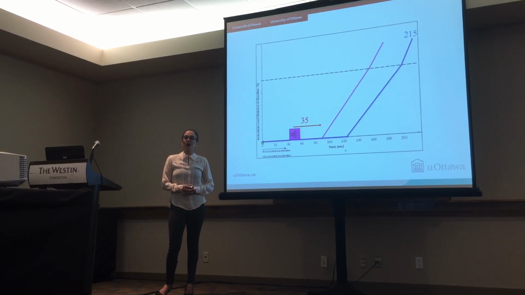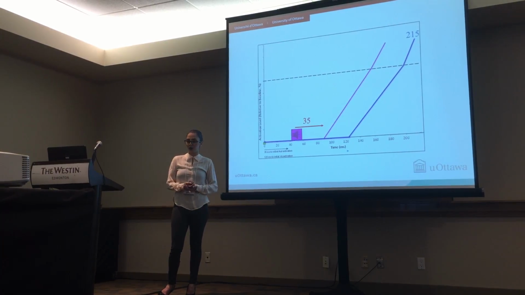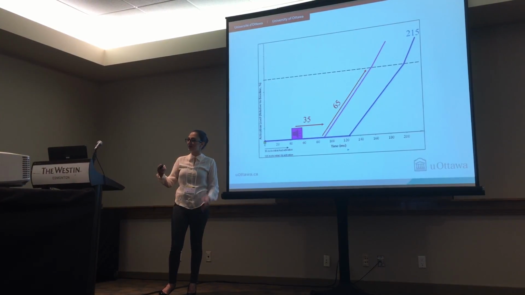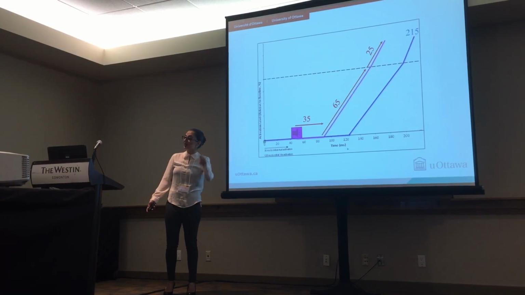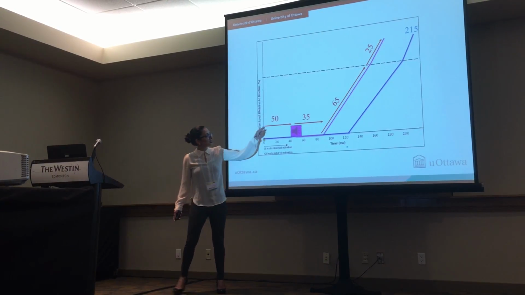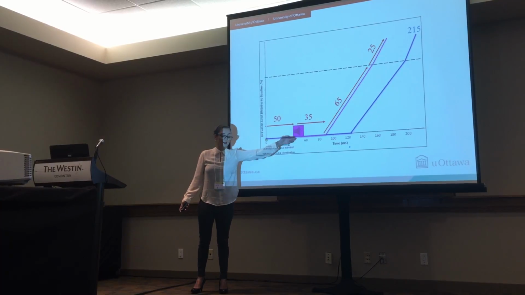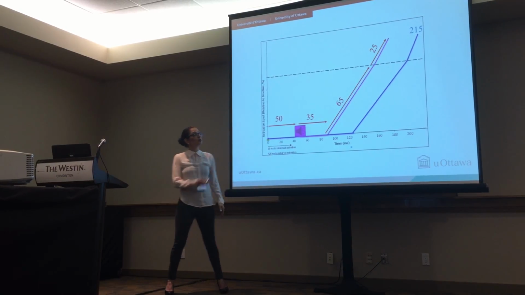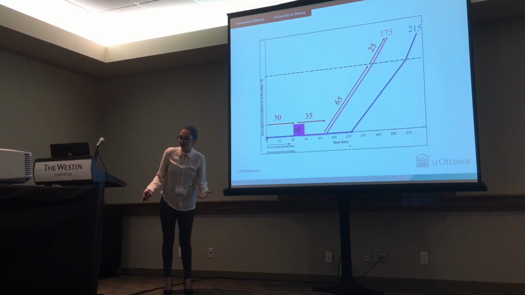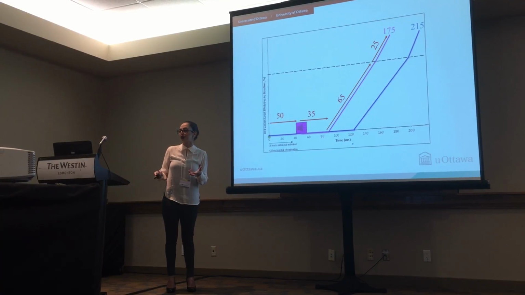Well, we know that it takes us 35 milliseconds to identify an auditory stimulus. It takes about 65 milliseconds to get through the initiation process, and about 25 milliseconds for the signal to travel from your brain to your arm. So what's really left is this 50 milliseconds over here, because we're starting at 50 after the go. So this would give us a total of about 175 milliseconds. But that's not what we find. We find even faster reaction times.